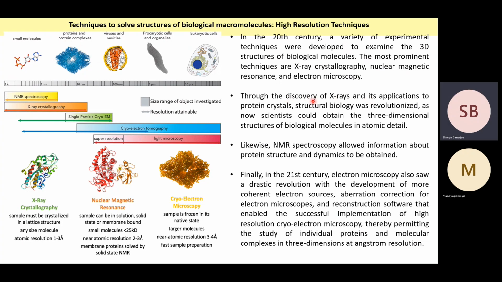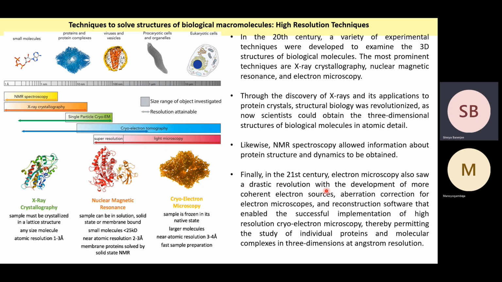That is why the discovery of X-ray was important, and its applications to protein crystals revolutionized structural biology, as scientists could now obtain the three-dimensional structures of biological molecules in atomic detail. Likewise, NMR spectroscopy also allowed information about protein structure and dynamics.